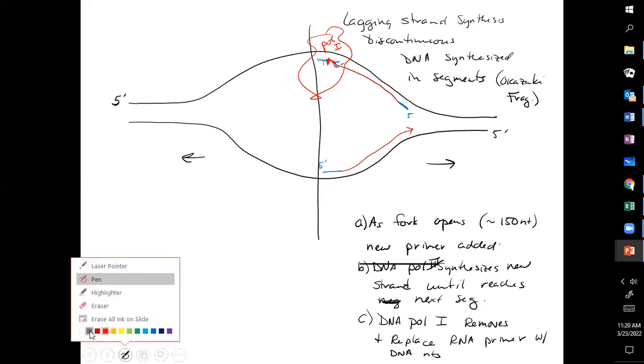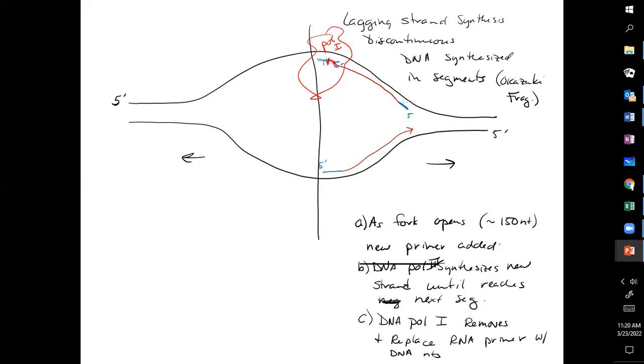Do you know what enzymes that cut the phosphodiester backbone are called? The removal of the RNA is catalyzed by a specific activity in polymerase 1 called a 5' to 3' exonuclease activity.